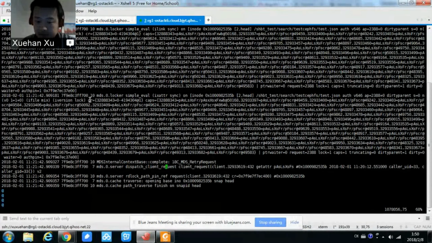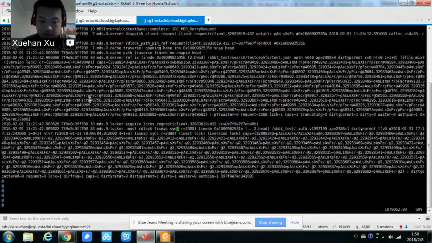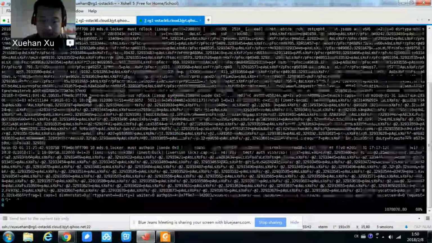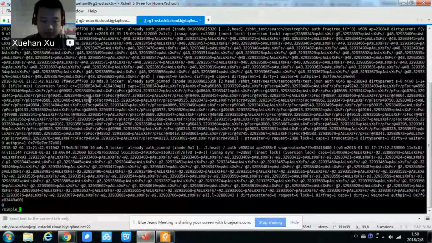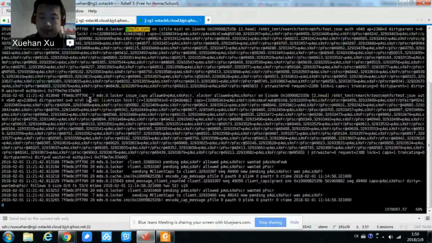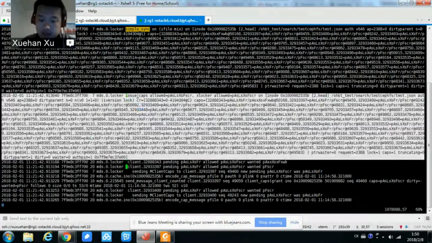However, if the next request to be processed is still a getattr operation, it will again change the file lock state from lock mix to lock sync, and again it will issue these caps, like FSC, to all the reading clients.